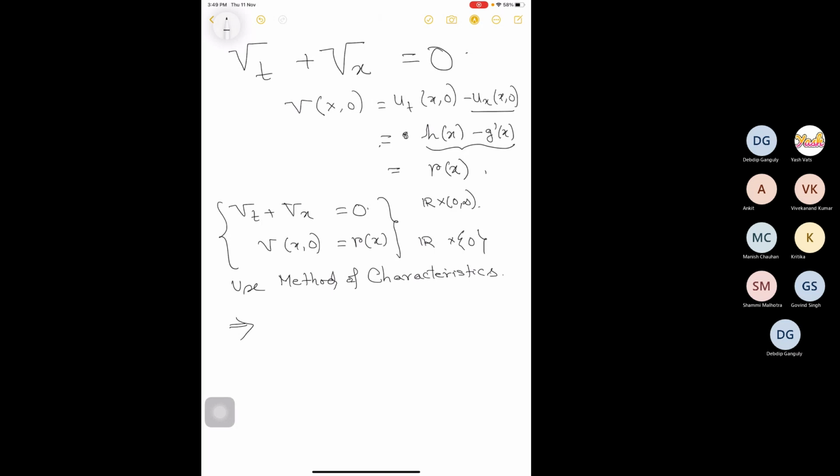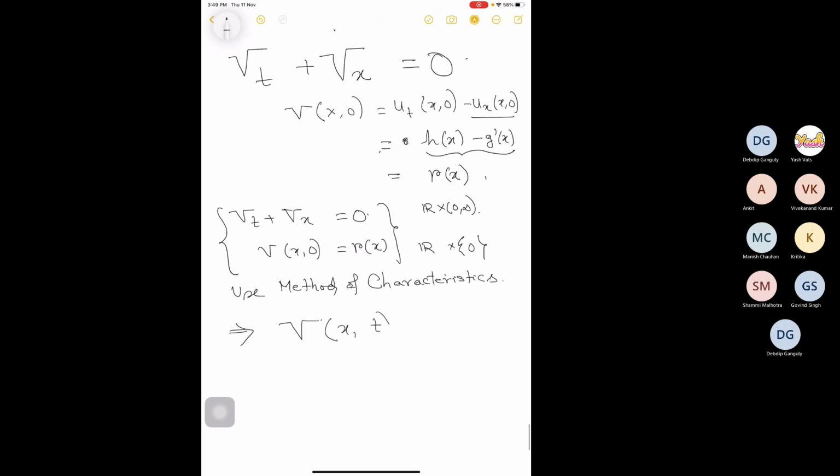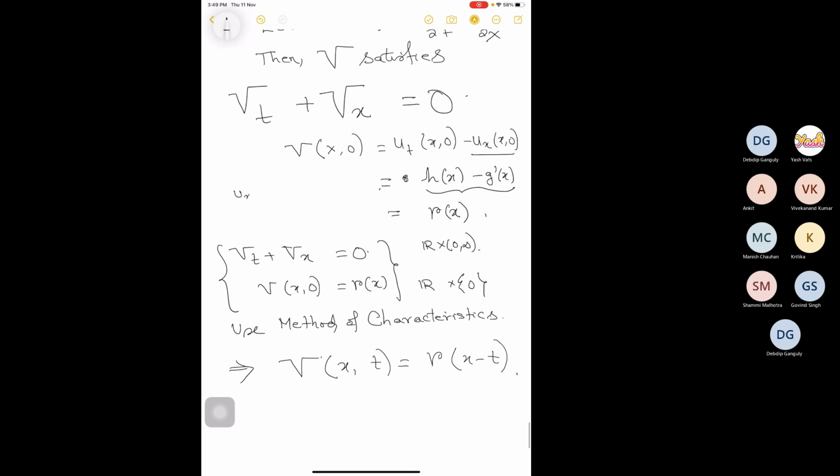If you remember from the first or second class, v(x,t) is given by r of x minus t. Remember, in there we have u_x plus u_y equal to 0 and u(x,0) is g(x). The solution is g of x minus y. Okay, so the solution is this.